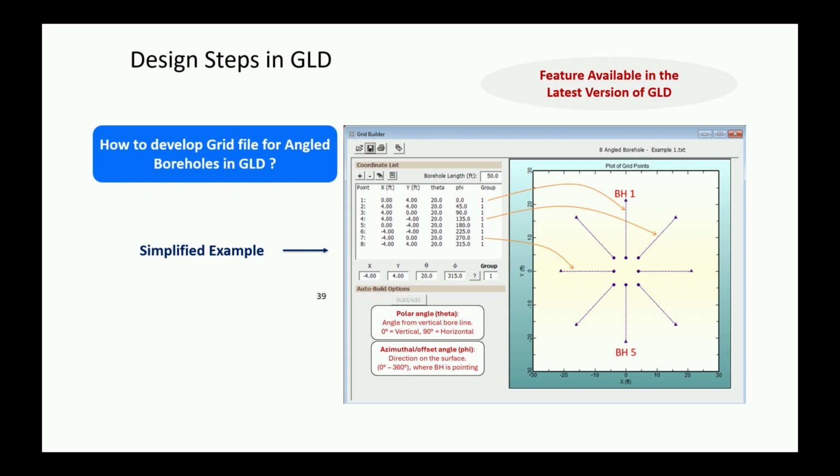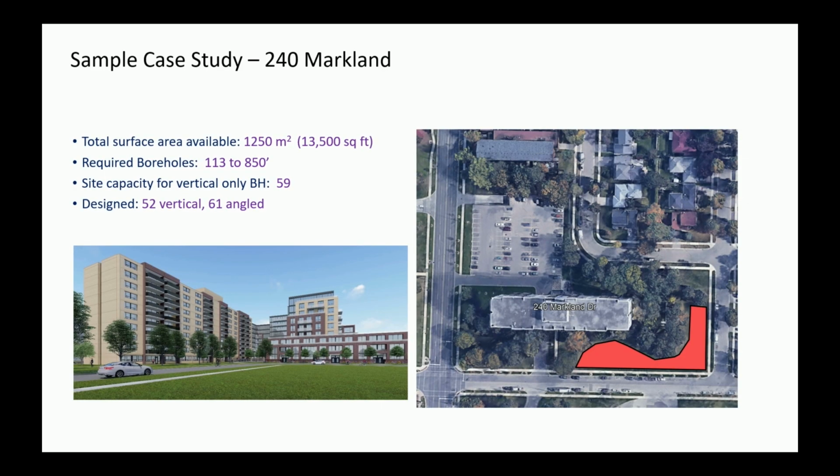But here you have basically your X and Y position of the borehole, your direction and your angle off vertical, and depth. Okay, so then these are basically the things you add in, and once you have this, it does all the work in terms of using G-functions and so on to calculate what the behavior of that field would be given a building load, like you would have with the vertical.